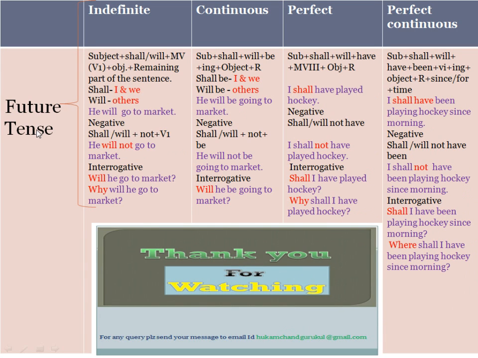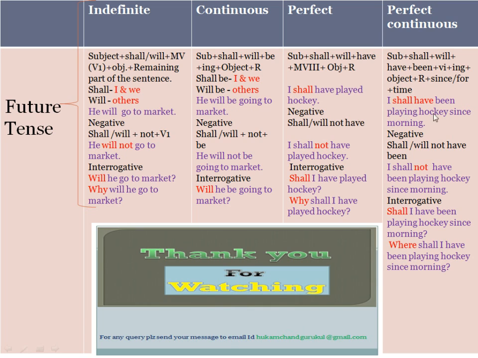Future tense: future perfect continuous. I shall have been playing hockey since morning. He will be going to market. What a difference. Work is continuing in both sentences but the difference is of time. He will be going to market, no time is mentioned here.